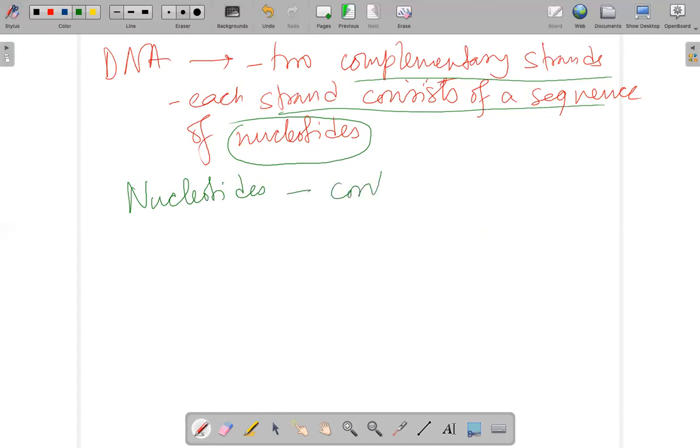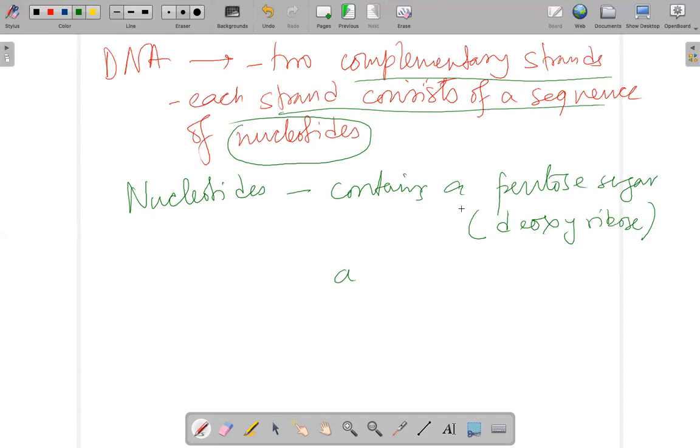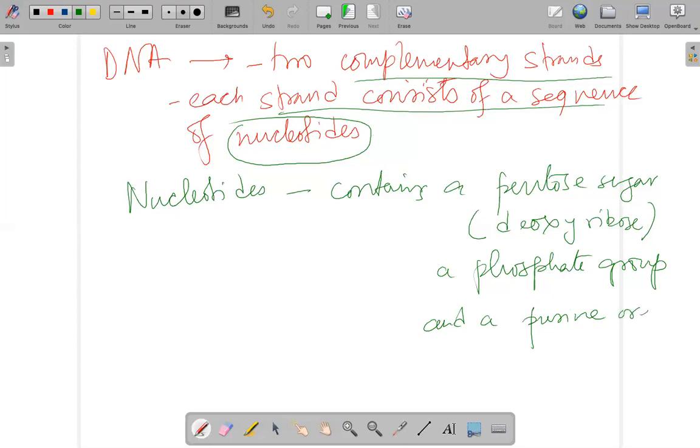Nucleotides contain a pentose sugar, which is also called deoxyribose, a phosphate group, and a purine or a pyrimidine base.